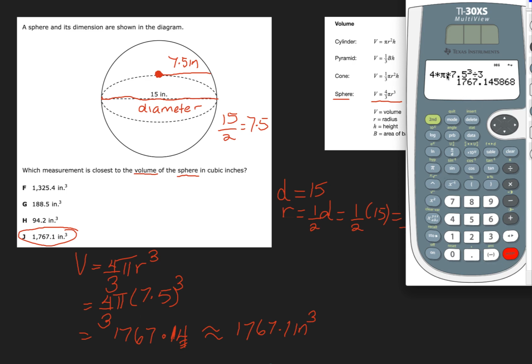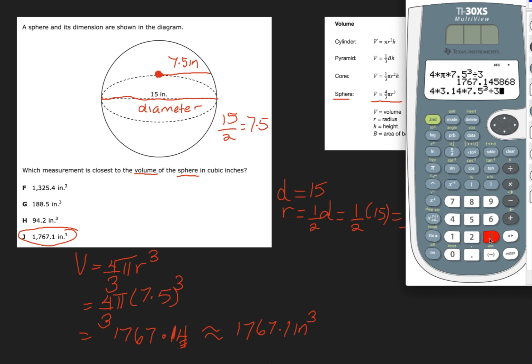Again, if you don't want to use pi as the symbol, you can go 4 times the estimated value for pi, 3.14, times our 7.5, raise all of that to the third power, go to the right, and then our last step is to divide by 3.